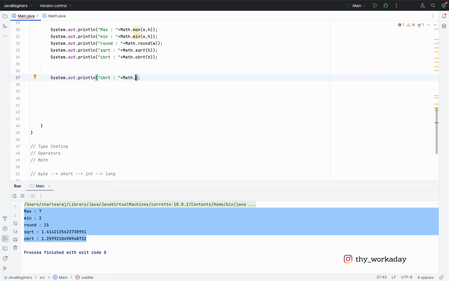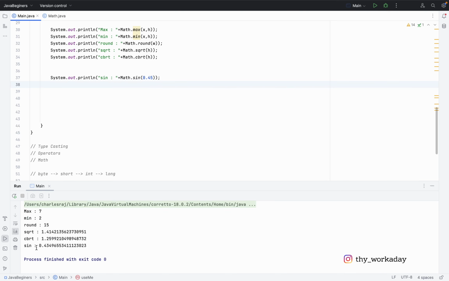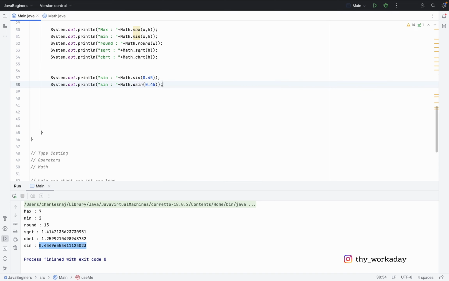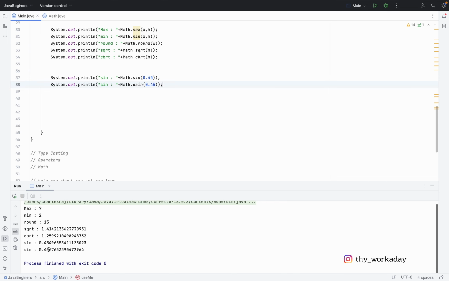we studied sine in our school days, right? So you can use it as sine 45 degree. Sine 45 degree is in decimal form, so sine 45 is this value. It has another one, arc sine. Arc sine is the inverse of the sine. Inverse of sine 45 is this value.